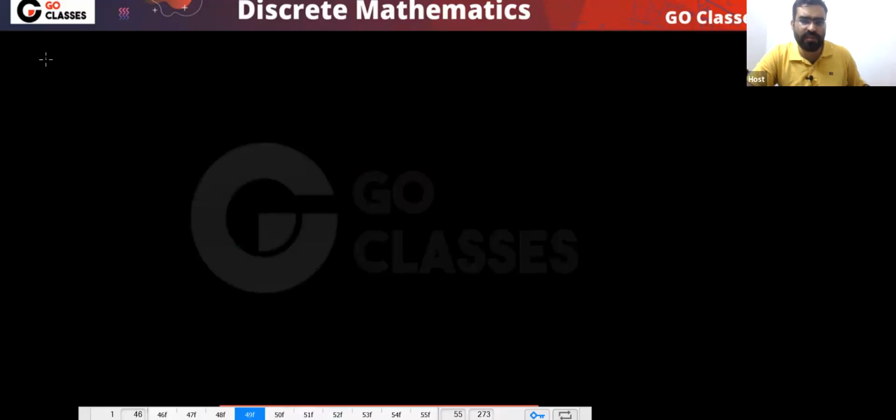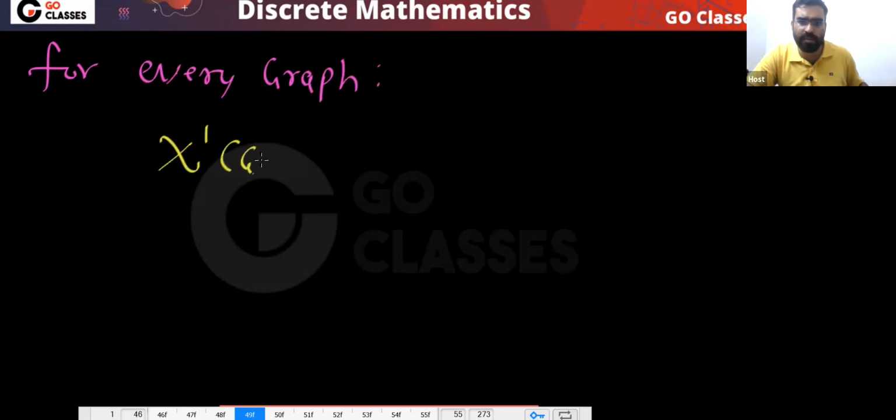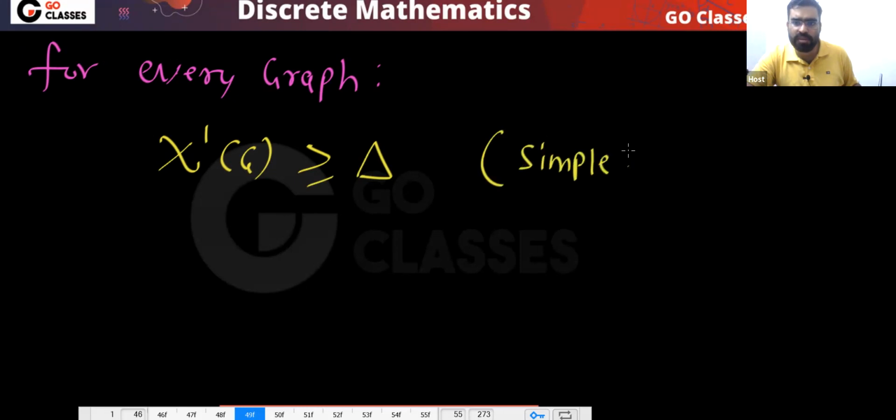This we already know, it is very simple. For every graph, whatever graph you take, the edge chromatic number is greater than or equal to delta. The proof we know.